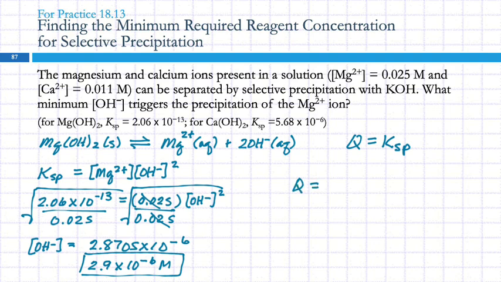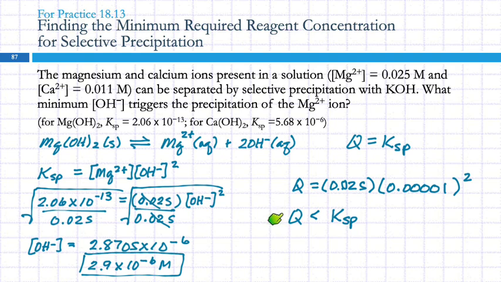If we had one hydroxide, or like 0.0001 molar hydroxide ion present, we could calculate Q for that. Q would be 0.025, the magnesium concentration, times this really, really small hydroxide ion concentration. When we do that calculation, we're going to find out that Q is smaller than KSP.